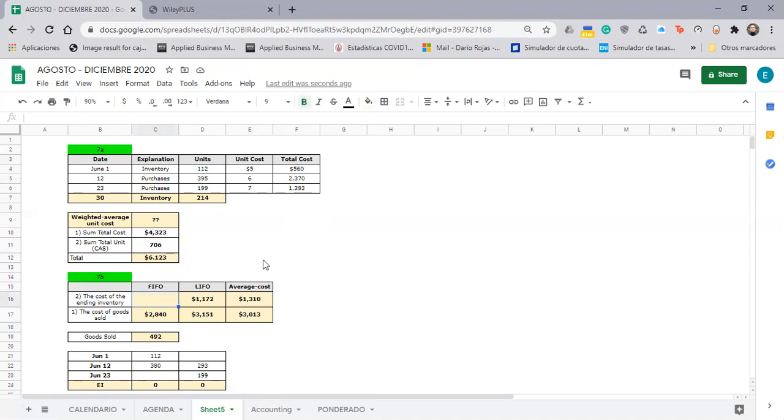The next steps we know, and we need only to subtract from the sum total cost, that is 4,323, minus the cost of goods sold, 2,840, and we will have as the cost of the ending inventory of FIFO $1,483.